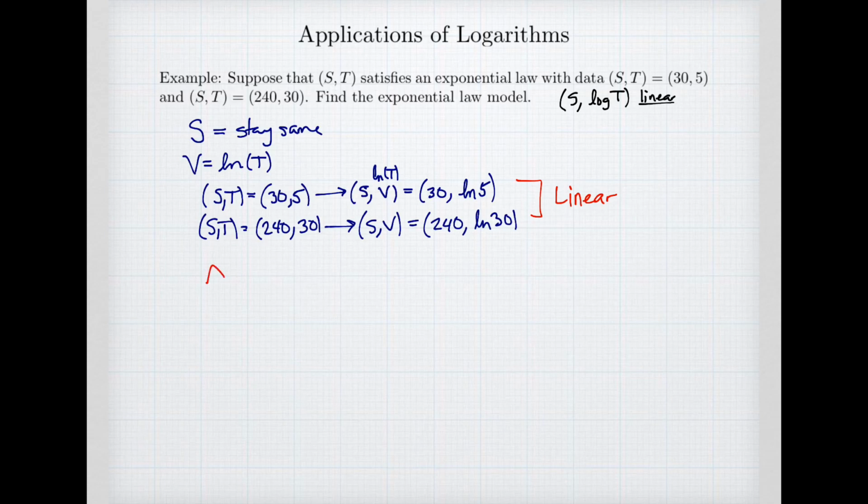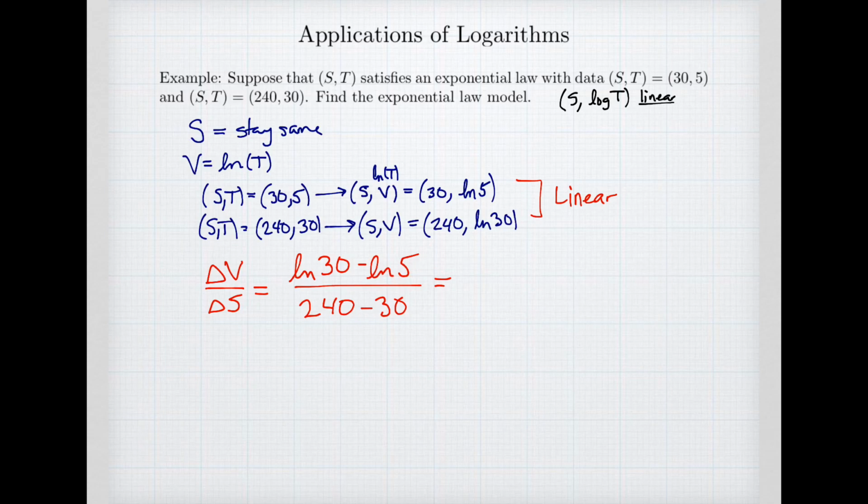Our slope is the change in our output variable over the change in our input variable. And so we have natural log of 30 minus natural log of 5. And then that's divided by 240 minus 30. Just as in our last example, we can think about the natural log of 30 minus natural log of 5.